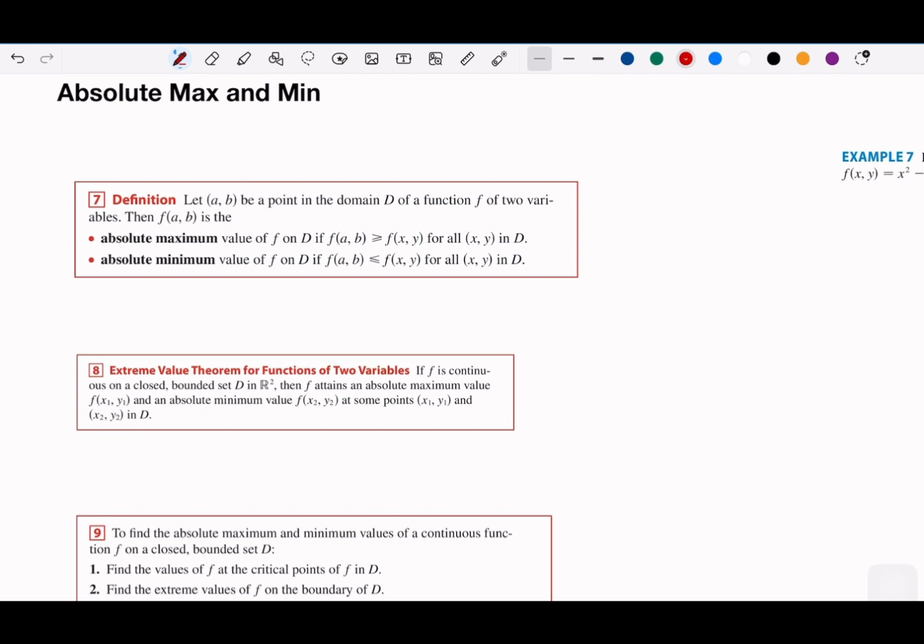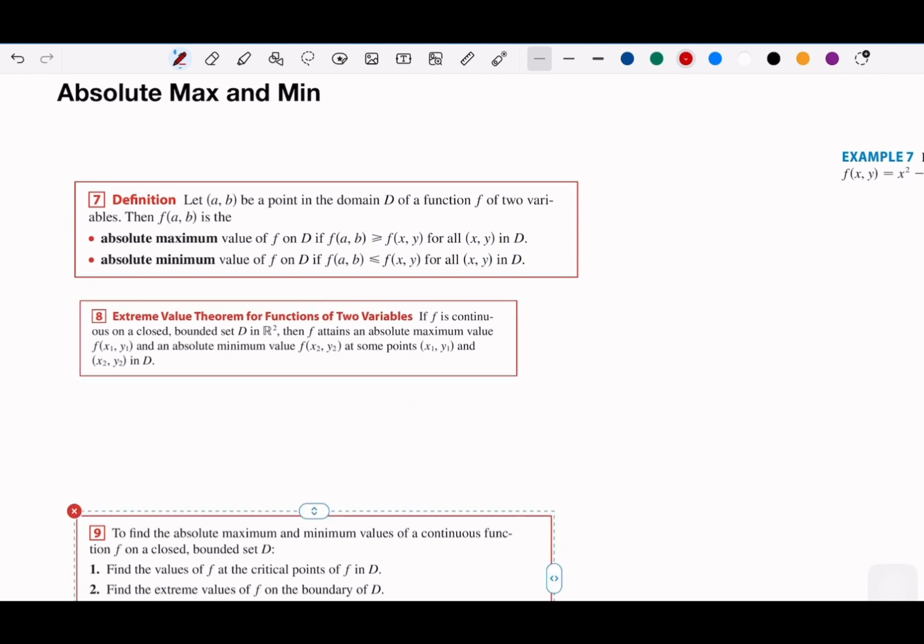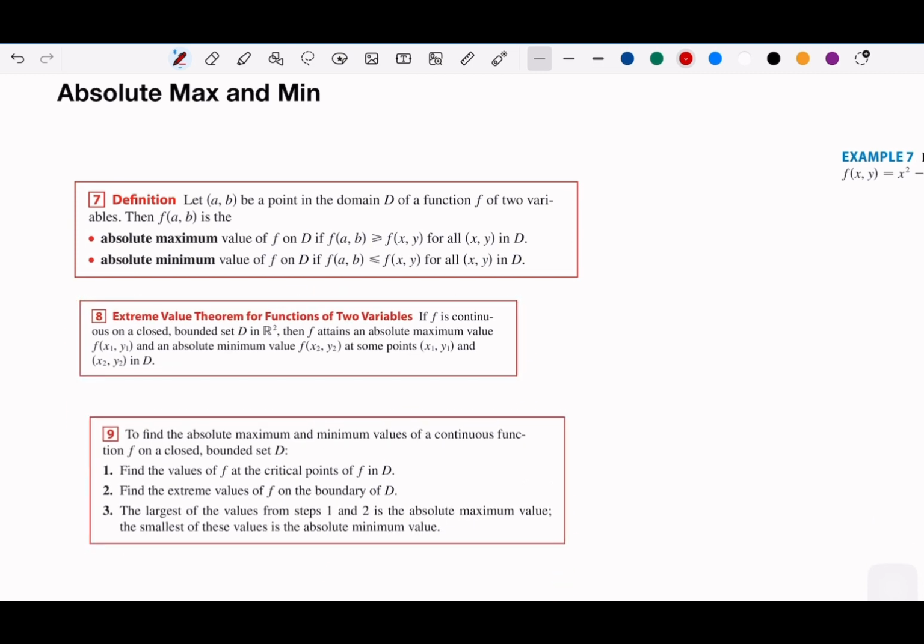When we talk about the absolute max and minimum, if the functions have certain domains, then we need to also check the domains, similar to what we have in calculus 1. Absolute maximum is the highest possible within the condition that we have, absolute minimum is the lowest possible, right?